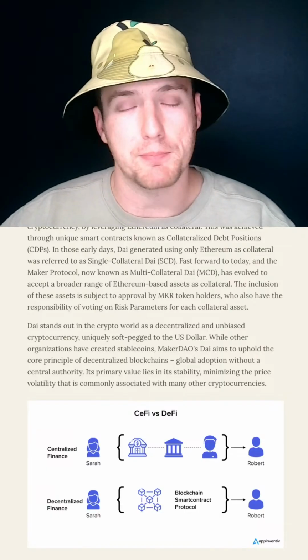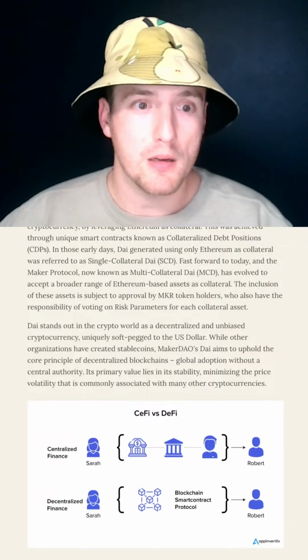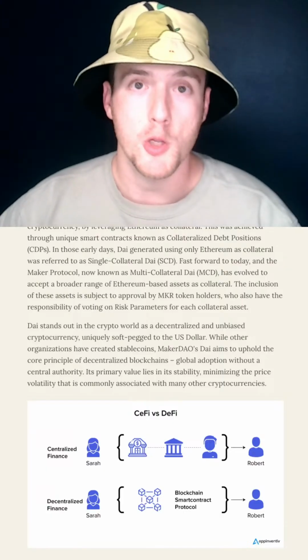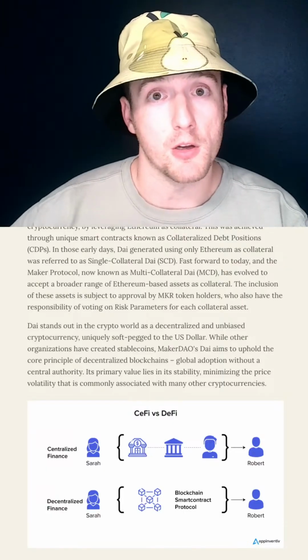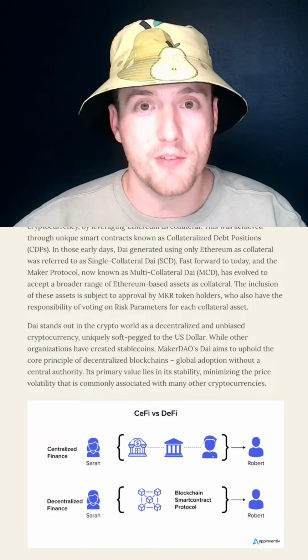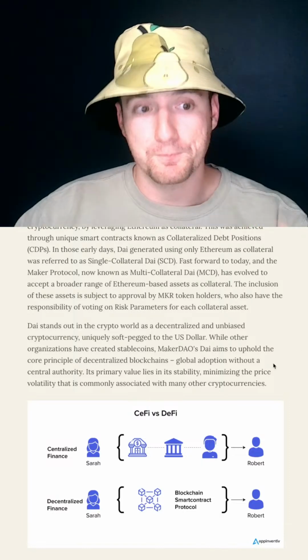Let's say there was a wrapped Doge or something. Because Doge would be a little bit more risky than ETH, the parameters would probably be something like, okay, you have to post 75% of the loan as collateral, or you can only take out 25%, based on how risky it is or how volatile it may be.